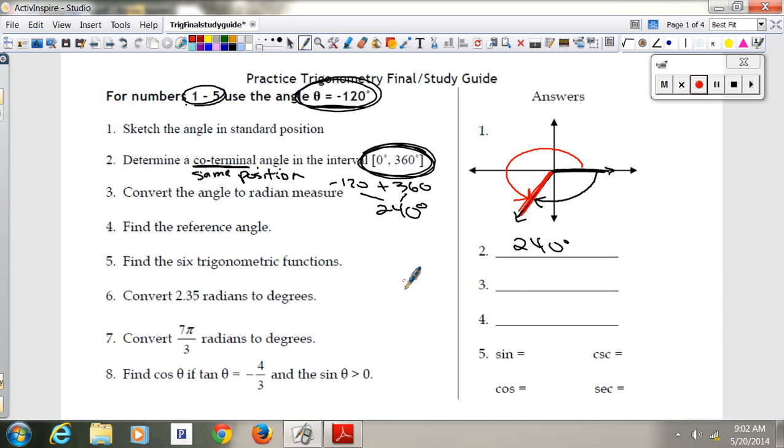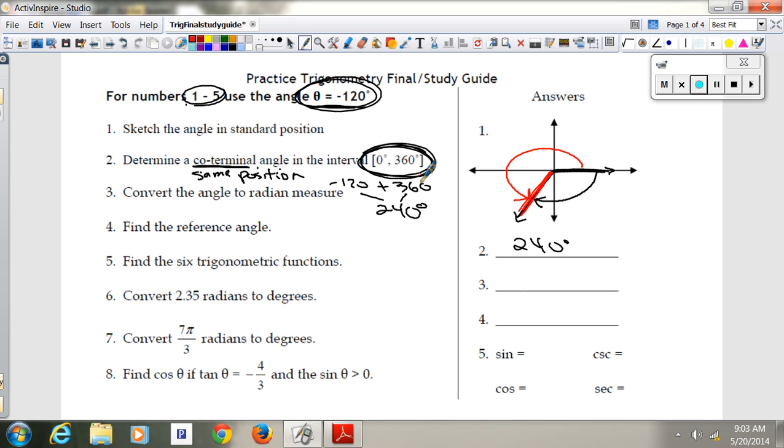So there's your two different angles, but they're the same angle, so they're coterminal. 240 is between the two numbers that you're looking for. It's helpful when they give you an interval because now you know exactly where to look for your answer. There's technically an infinite number of coterminal angles for this angle. I could keep adding 360 and get bigger and bigger angles. But they're telling you to just find the one between 0 and 360, and there's only one of them in that interval.